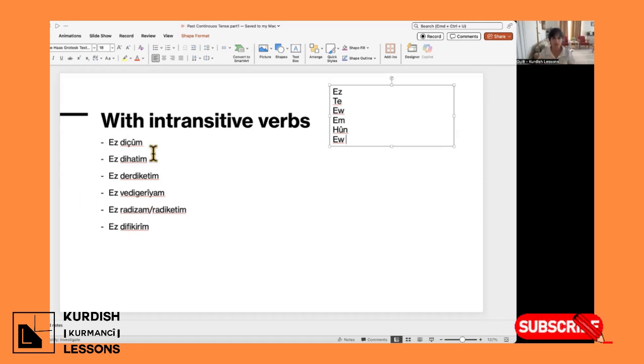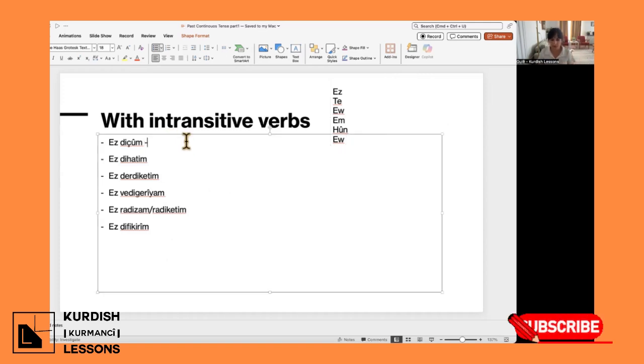The same thing applies for simple past tense, past continuous, present perfect, past perfect, etc. So we remember the intransitive verbs, but don't forget for the negative, "ne" comes at the very beginning: ne-di-chum, and you keep the di. Ne-di-hatem, I was not coming. When it is compound, it comes before the di, like ne-di-derketim, very long.